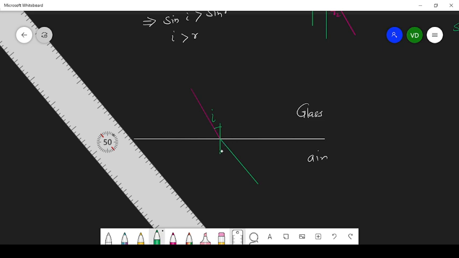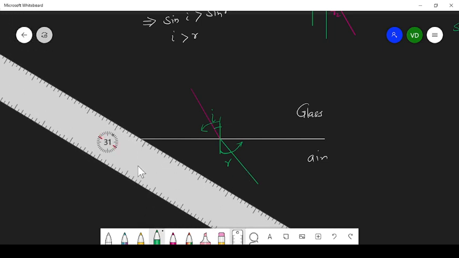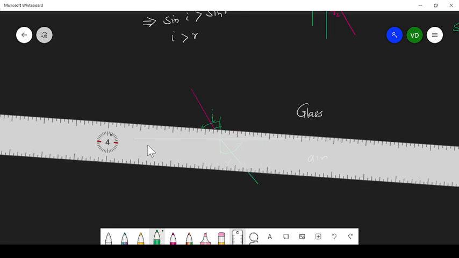So this R is more than I. Now if I keep on increasing the angle like this, what will happen? Obviously this angle will also increase, and there will be a situation where the light will travel parallel to the surface.